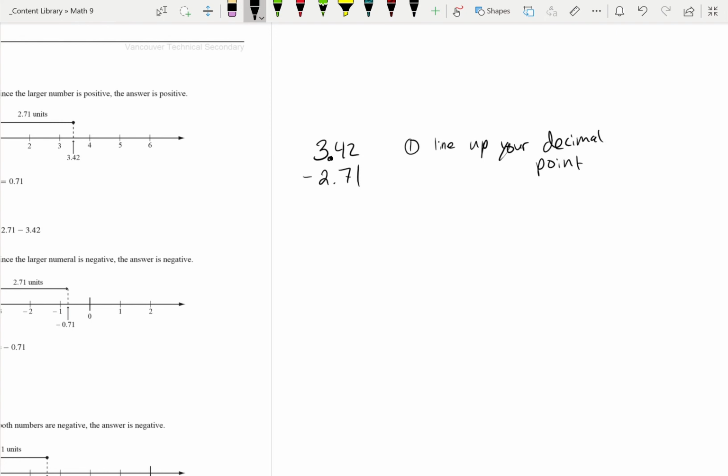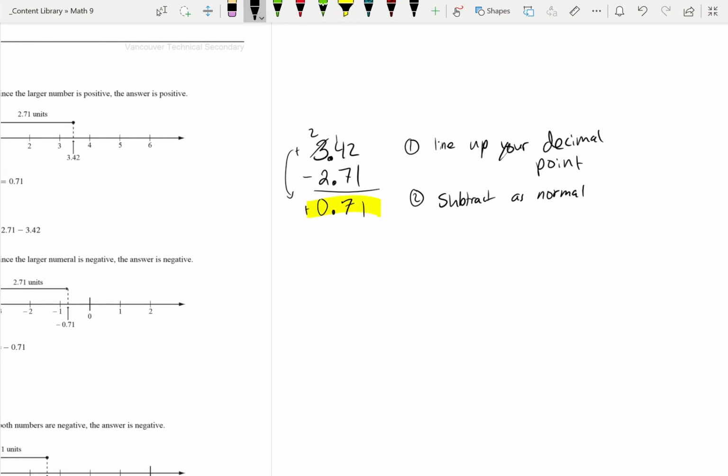So notice how I've lined up my decimal point here, and then subtract as normal. So 2 minus 1 gives me 1, 4 minus 7, I have to carry this over, so I have 14 minus 7 gives me 7, 2 minus 2 gives me 0, and again I'm keeping the sign from up here so it's positive, so there is my answer there.